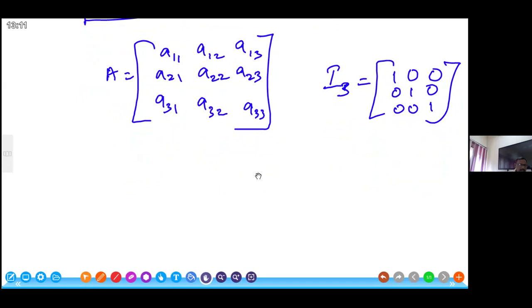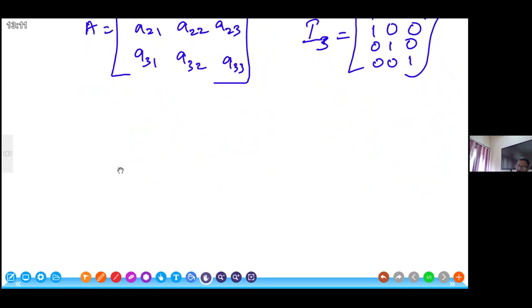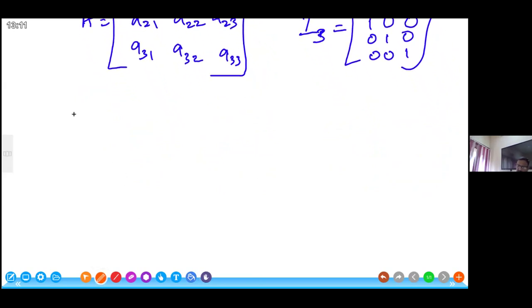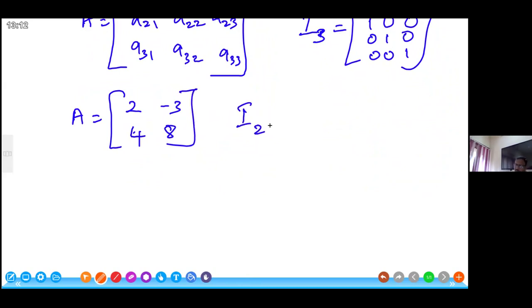Right. We will take a very simple example to see that evidence. Let's say a matrix A: 2, minus 3, 4, 8. The identity matrix I2 is given as 1, 0, 0, 1.